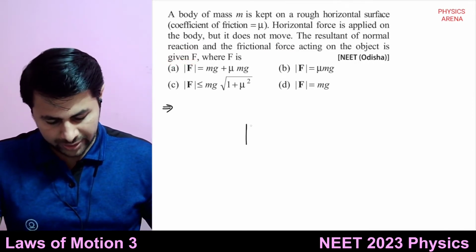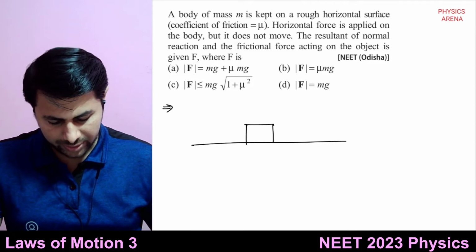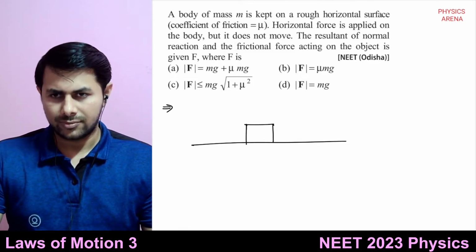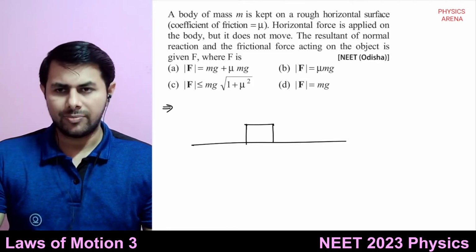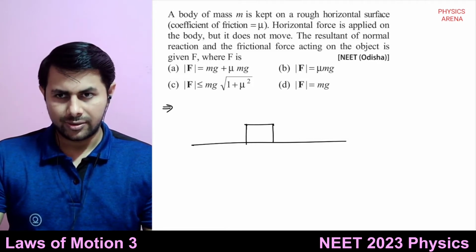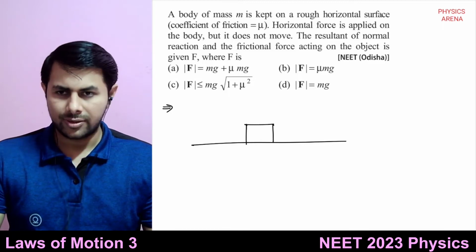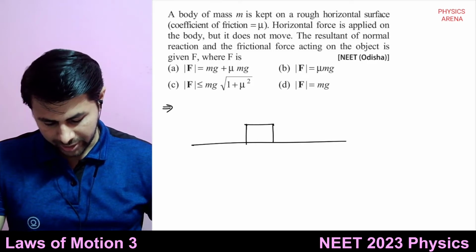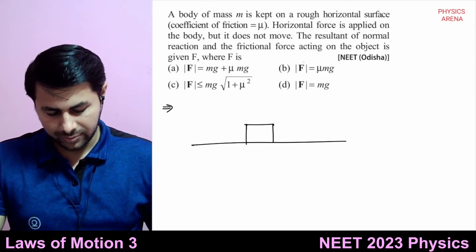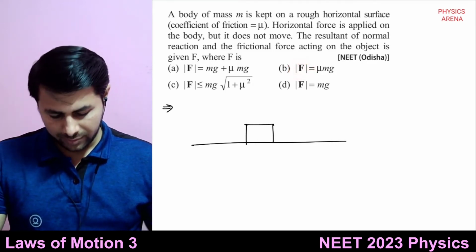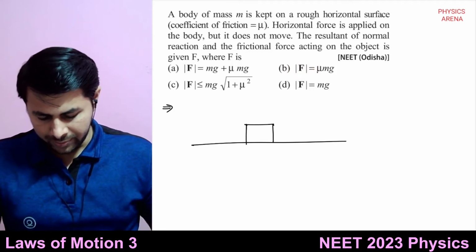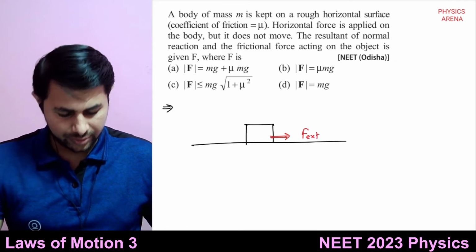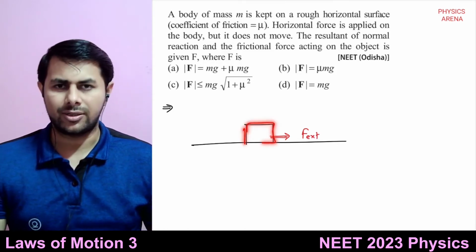So our object is, let's suppose this is the object. Can you tell me which will be the answer? Option B. No, mu mg is the frictional force, this is not the frictional force. Now you are exerting some external force and the block is not moving.